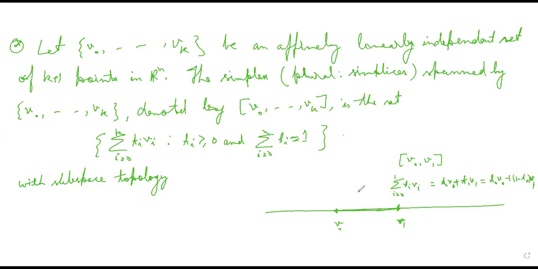So this is a line segment joining V naught and V1, with T naught greater than or equal to 0 and less than or equal to 1, of course, because each Ti is greater than or equal to 0. So this is a simplex spanned by V0 and V1.